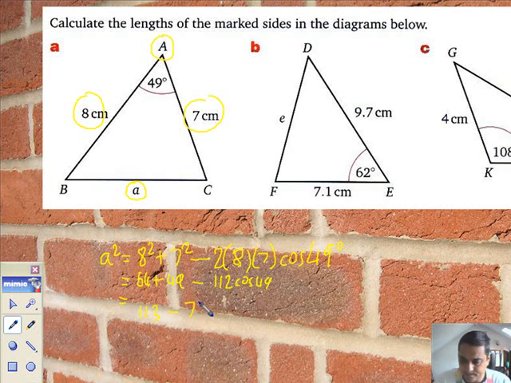73.48 say, and let's subtract it. That's going to give us 113 take away 73.48, and we've now got 39.52.